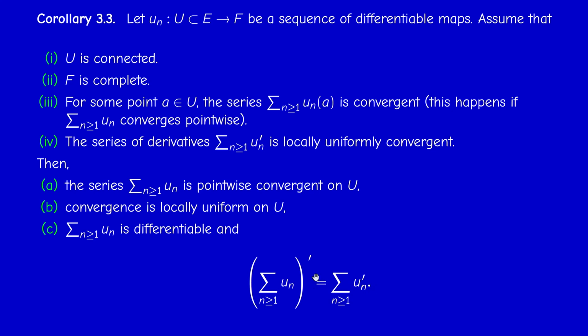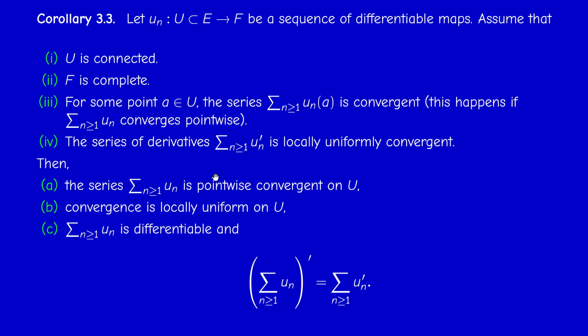The derivative of the sum is the sum of the derivatives. Why are you bothering me with your theorems? But the point is that we can give counterexamples. So in order for this relation to hold, you have to put some assumptions, and these are the very general assumptions under which this is true.